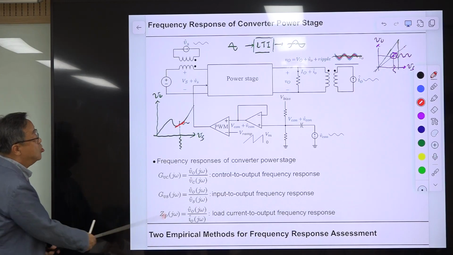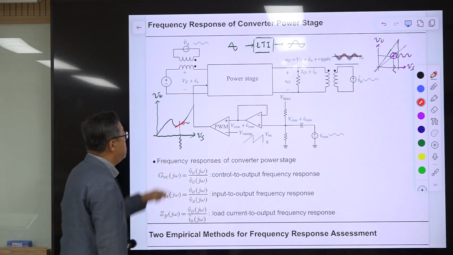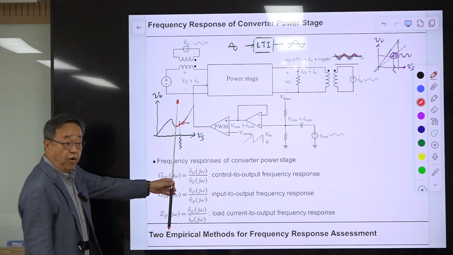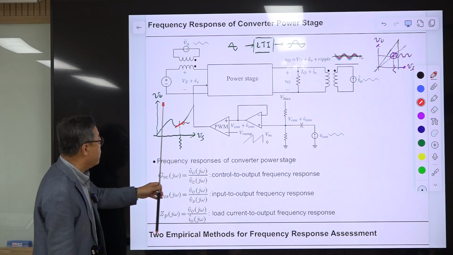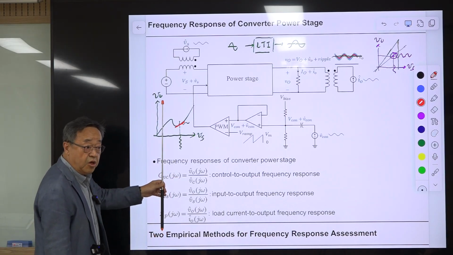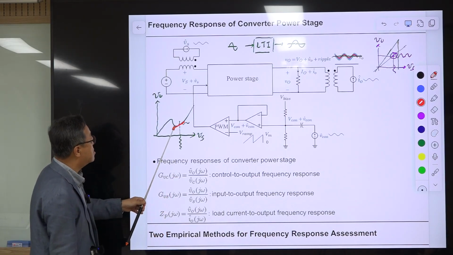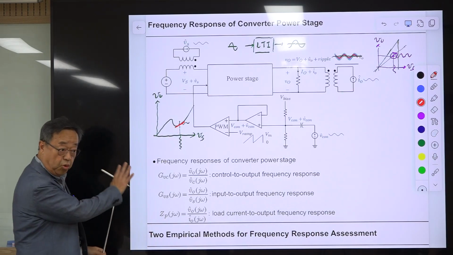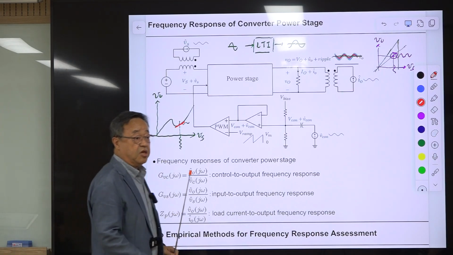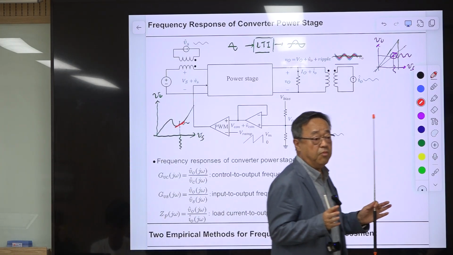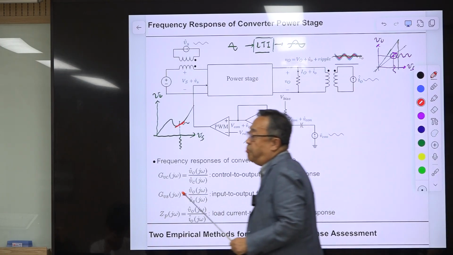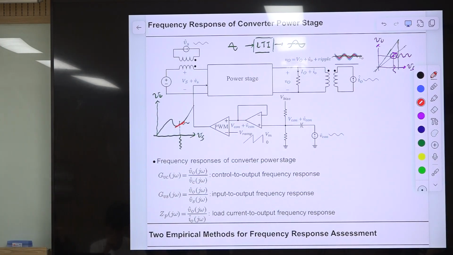Okay, the difference between this one and this one is, if you change the operating point, quiescent point, then this one will be different. If you increase the magnitude of this, then you will get something else, something different from this. There is no proportionality characteristic here. So that is the problem of the PWM converter. So for the PWM converter, we accept this response.